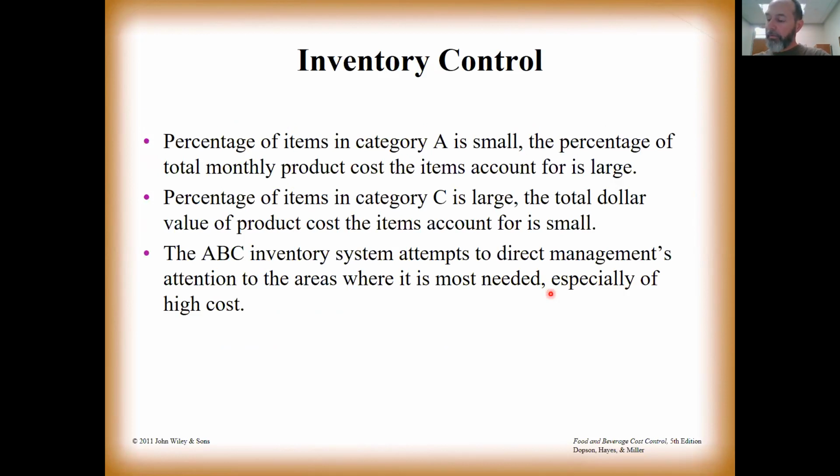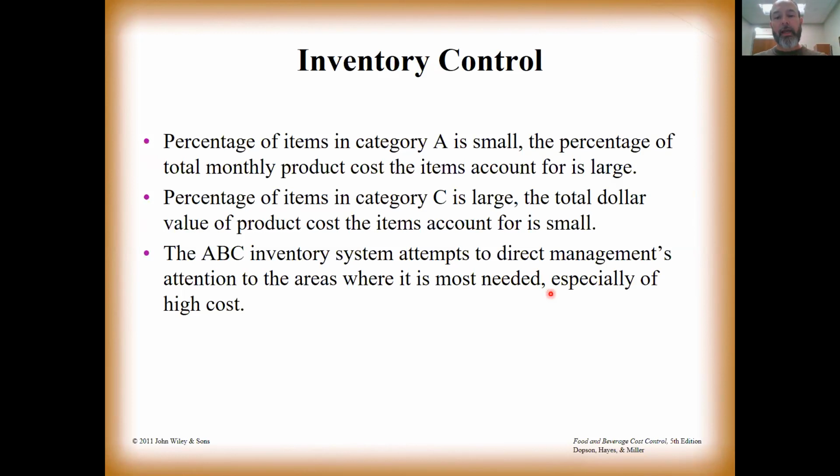And just to summarize the overall approach to the ABC inventory control system: the items in category A are a small number of items, but the product cost of those small number of items is large.